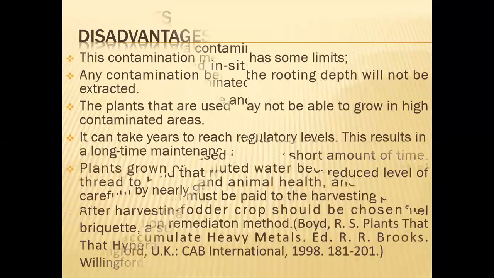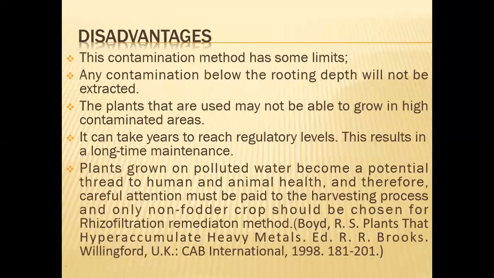Moving to the next slide, disadvantages. This contamination method has some limits. Any contamination below the rooting depth will not be extracted. The plants that are used may not be able to grow in highly contaminated areas. It can take years to reach regulatory levels.